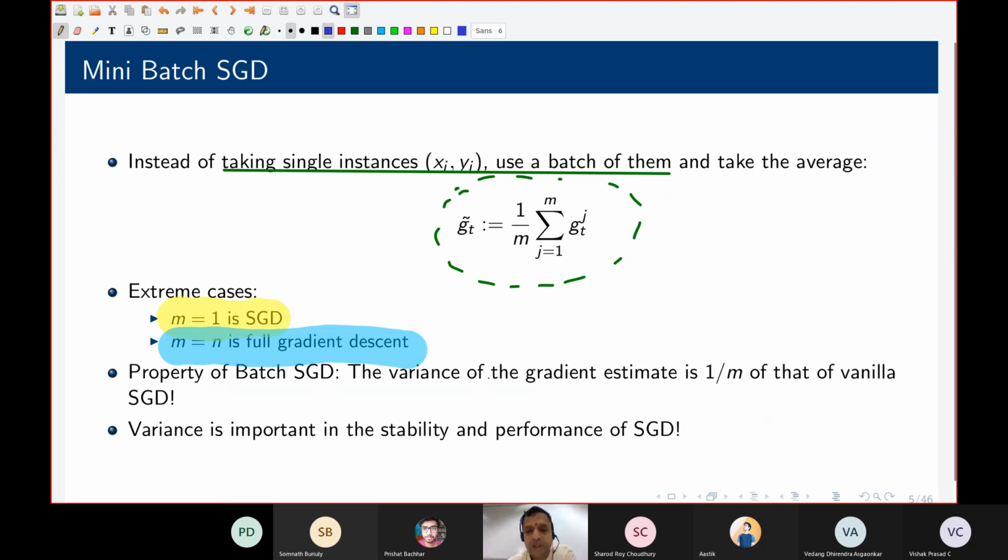So basically the expectation will remain the same, whereas the variance of this new g tilde t given w_t is 1 upon m times the variance of the single instance based stochastic g tilde. It might be a good idea for me to put a norm here, since I'm trying to measure a magnitude.